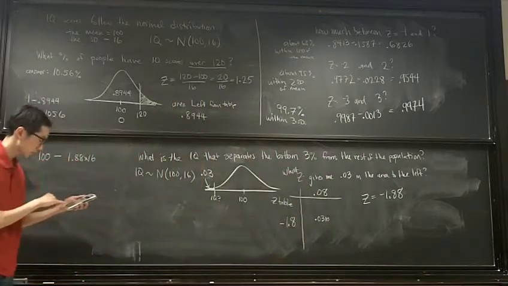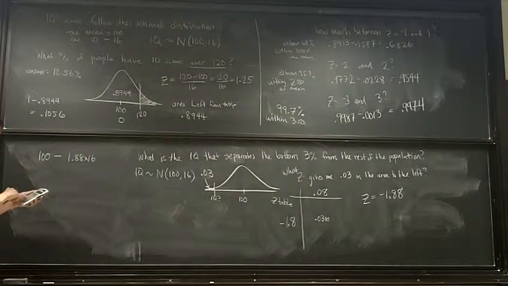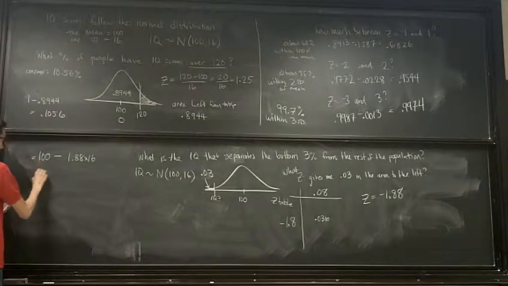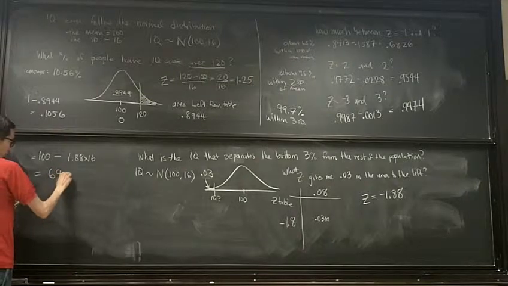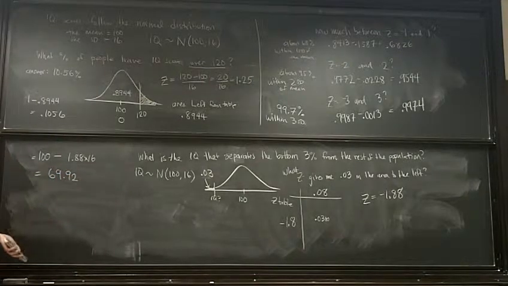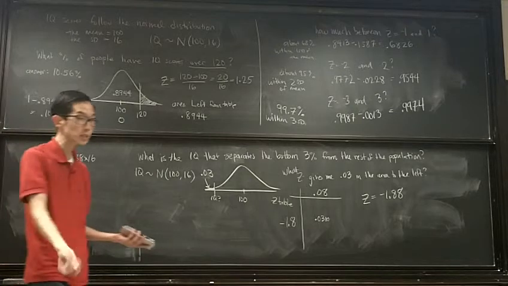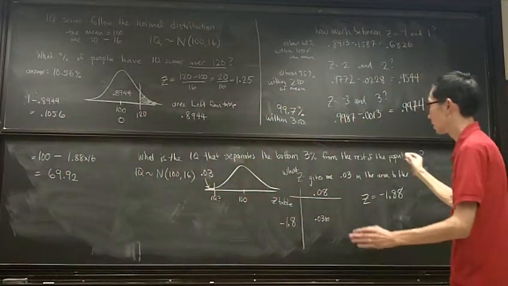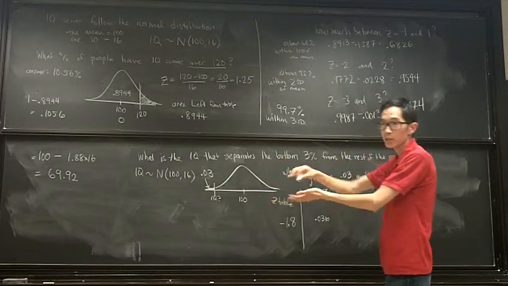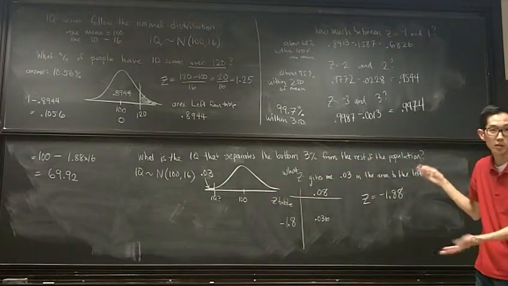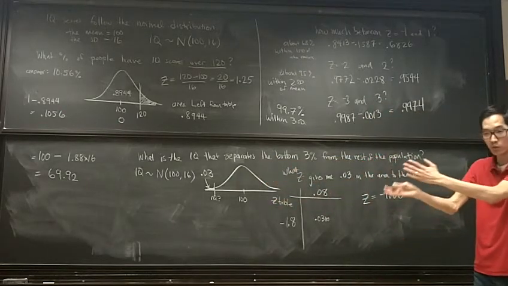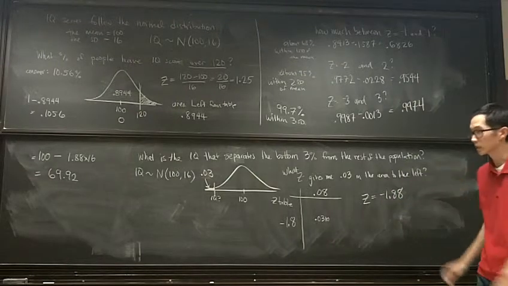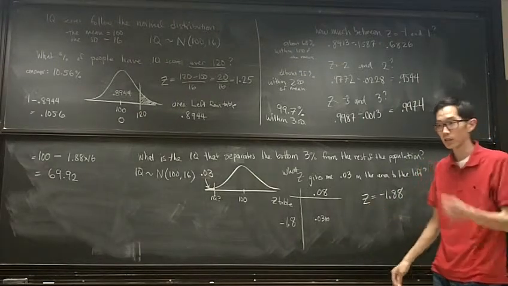I do 100 minus 1.88 times 16, and this gives me an IQ of 69.92. So basically an IQ of 70 is what's going to separate the bottom 3% from the rest of the population, and that would be the cutoff between special needs and regular students.